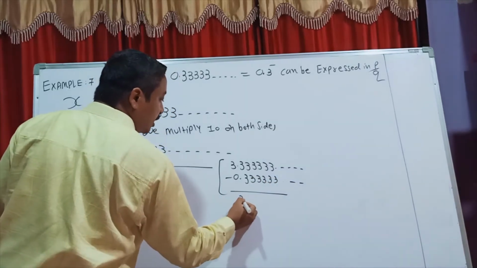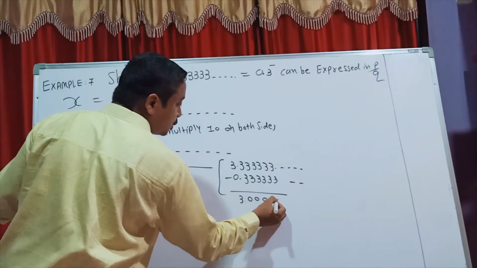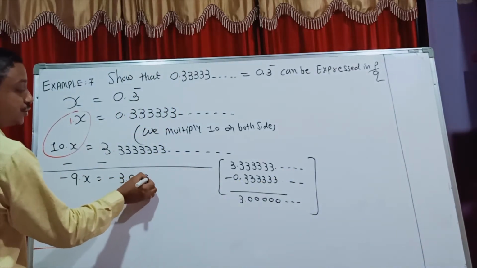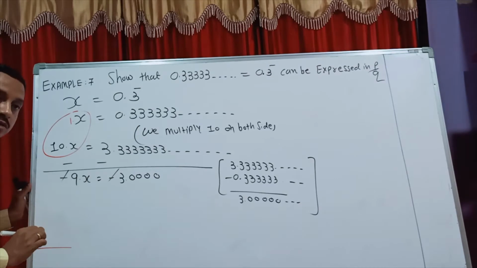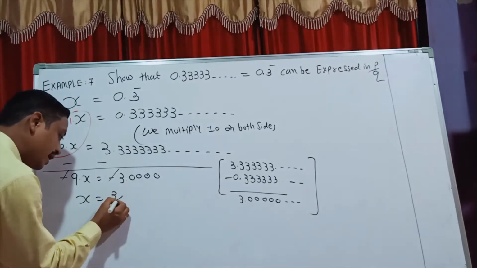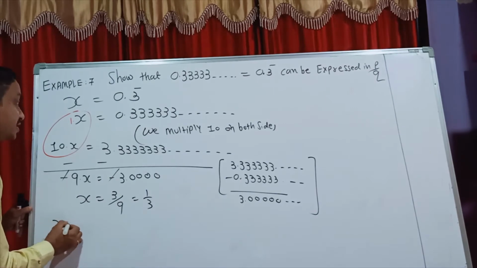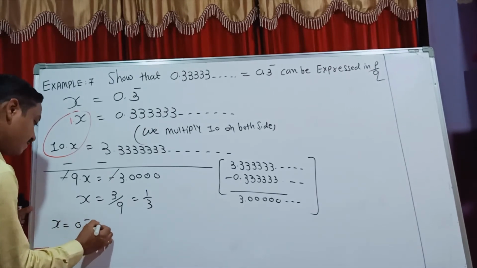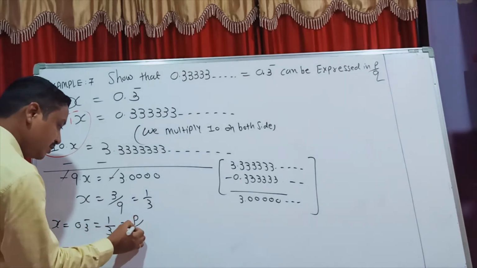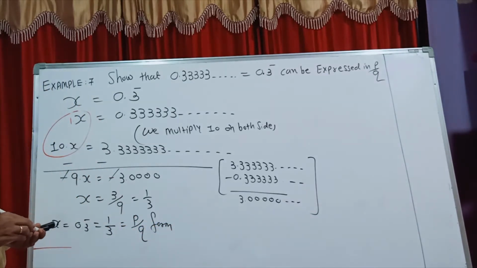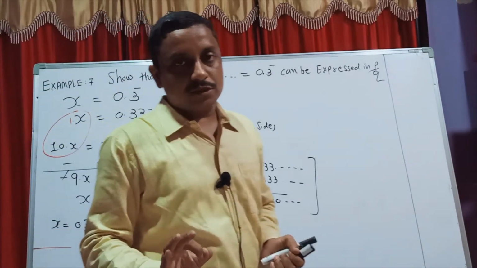Just subtract and you get 3.0000, minus x... Only I have 3 by 9. It means 1/3. And sure, my numerical is done here. 0.3 bar is 1/3, which is p by q form. And sure, it is our expression in a simple way.